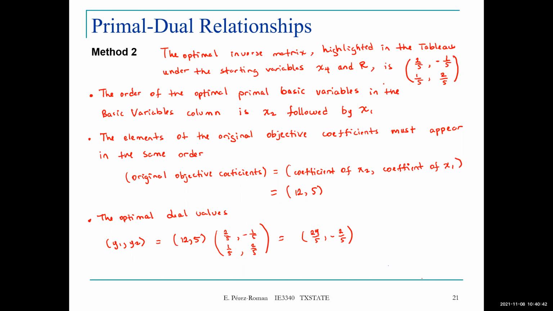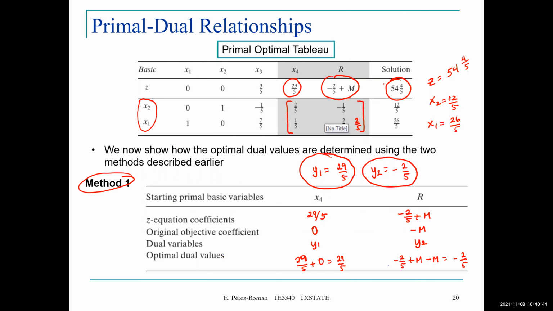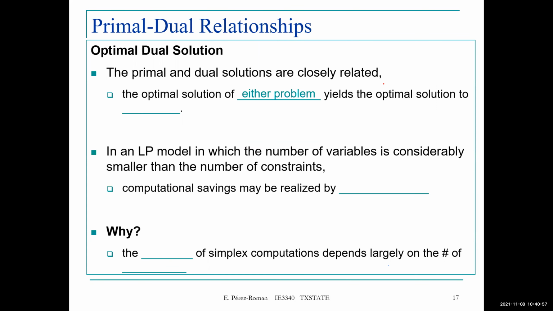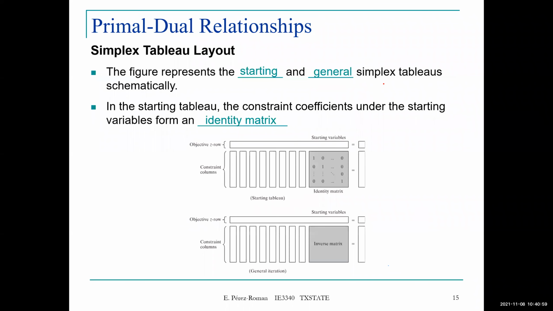This one? Why do we use this X4 and R? Because those are the ones giving you the initial solution for the problem. So when we start, if you remember, they're starting variables.